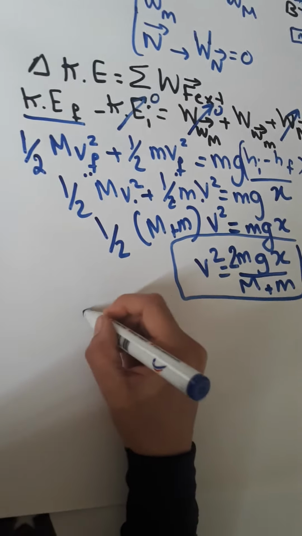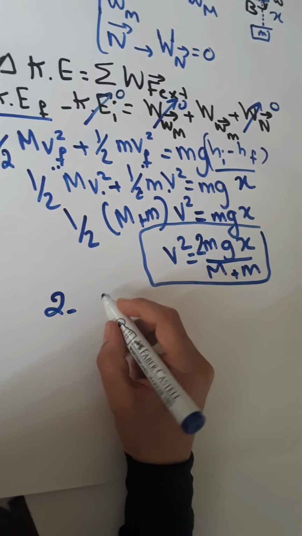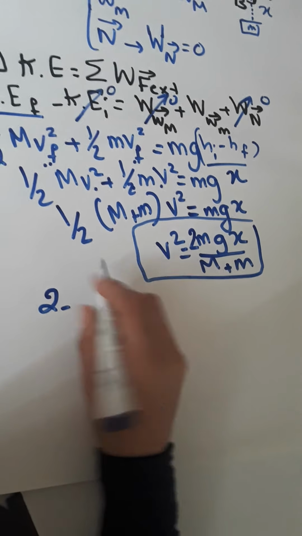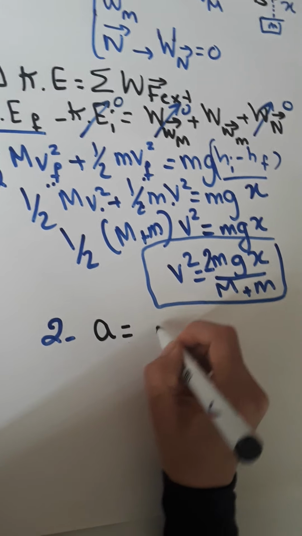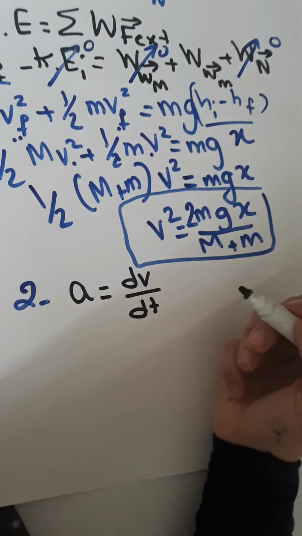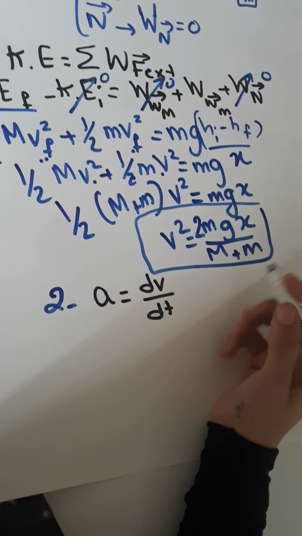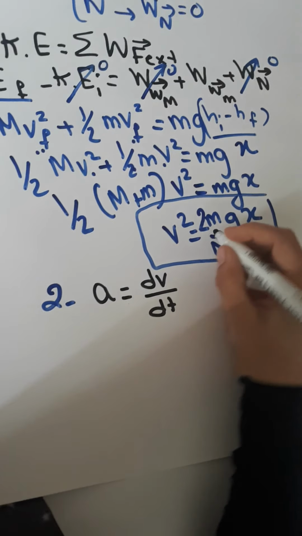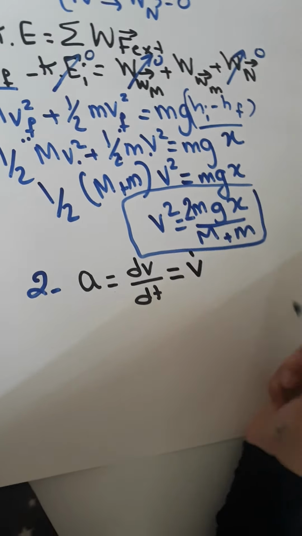Okay, guys, number 2. Deduce the acceleration. So what is the relation between the acceleration and what we have got? I think you know that a is the derivative of v with respect to time. This is taken in kinematics. We studied that in class: a is dv over dt, and we denote the derivative of v with respect to time by v prime.